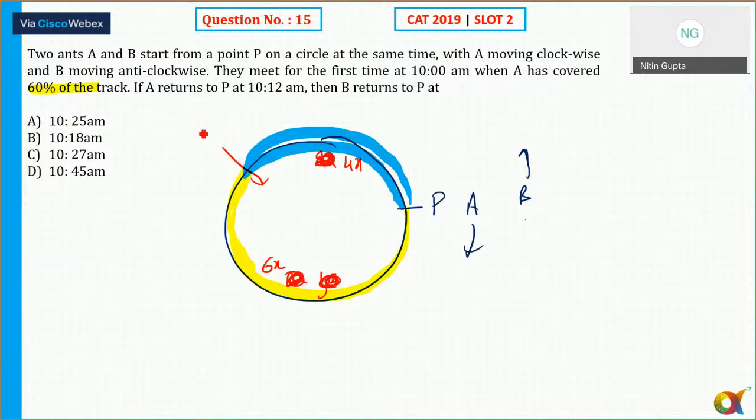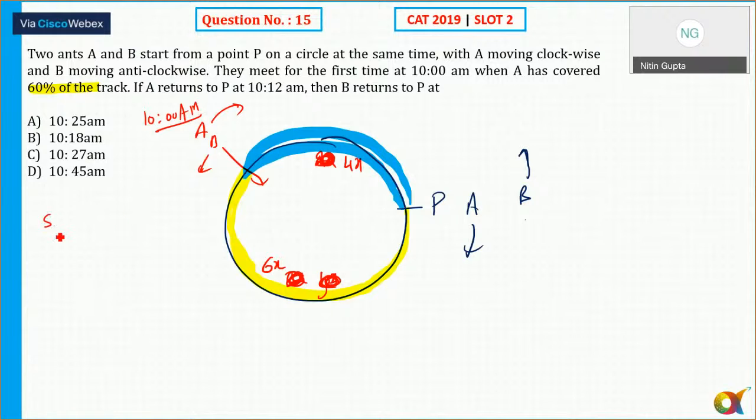And when they meet here, A is in B's direction. And what is the time right now? So, since we know that the ratio of distance is always equal to ratio of speed, because both the persons started at same time. Whenever they meet, the time is constant. So, ratio of speed equal to ratio of distance.